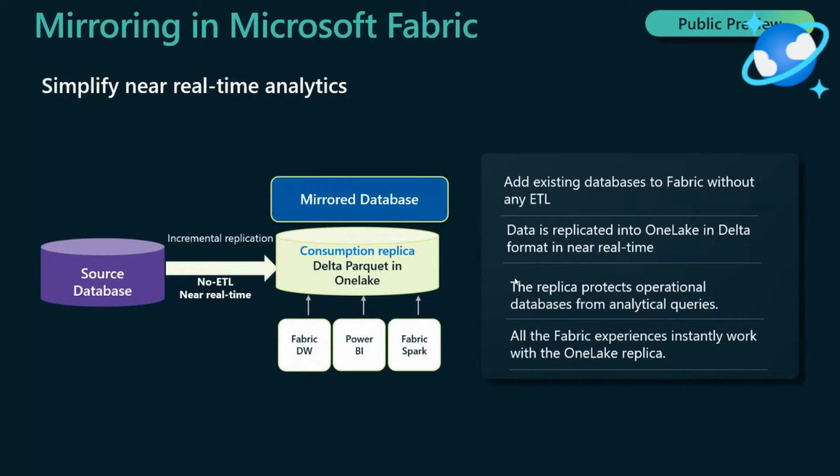Once they turn on mirroring, as new changes keep coming in, we will continuously and incrementally replicate them into Fabric One Lake. Once the data is in One Lake, the queries run against One Lake, so the source database is protected from the performance impact of these queries. Also, the replication itself isolates the database from the performance impact of that replication.